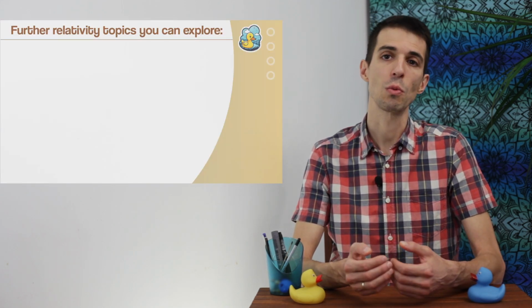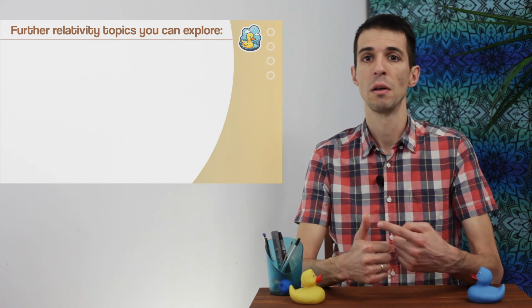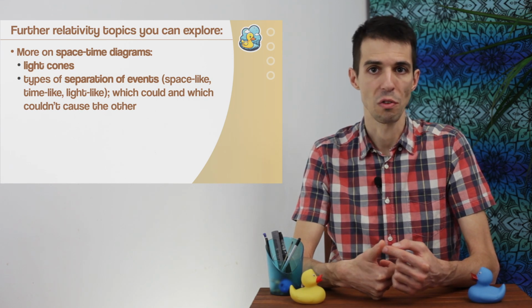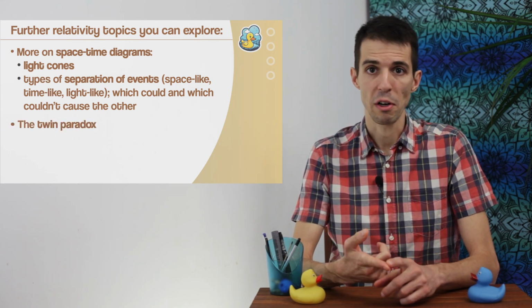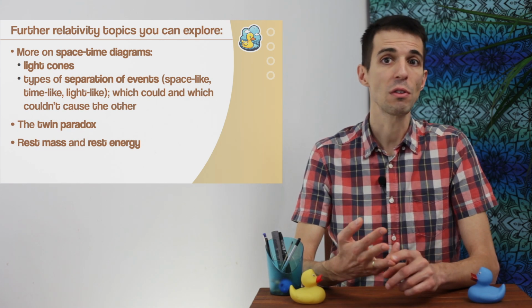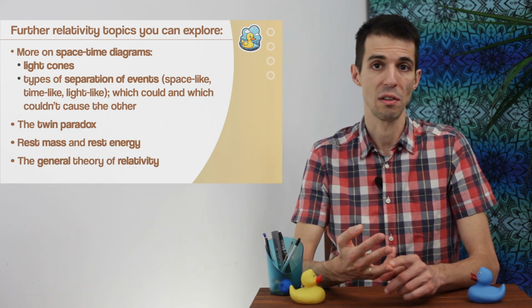If you are curious about more topics in relativity, you might want to explore things like more on space-time diagrams, namely light cones, checking how two events are separated and which could cause the other, the twin paradox, the concept of rest mass and energy, or even the general theory of relativity.